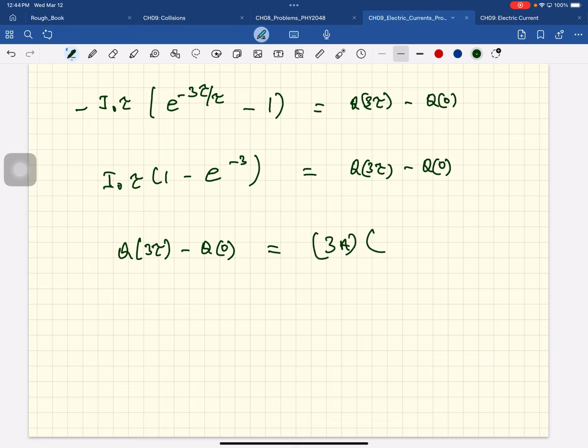Amps is coulombs per second, and this is, as units of time, 0.5 seconds. So this will be coulombs, and this is just a number. Okay. And so you can calculate that.